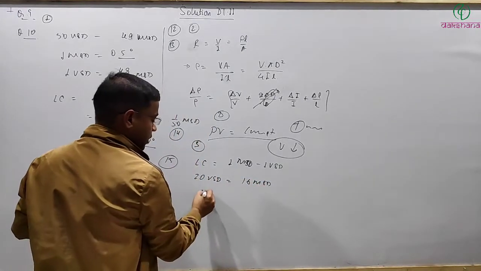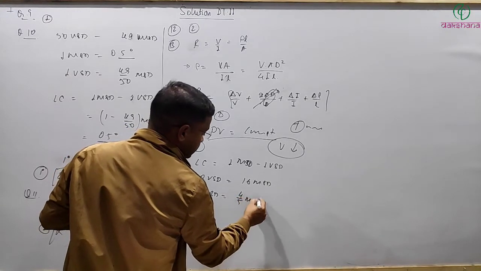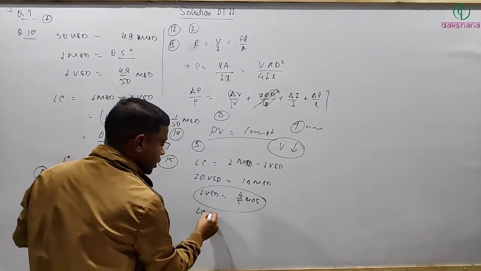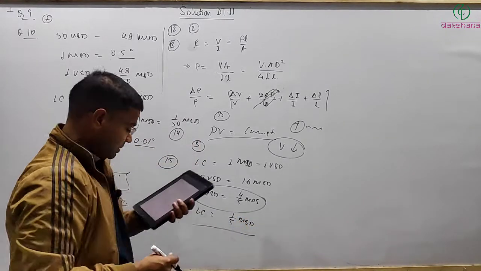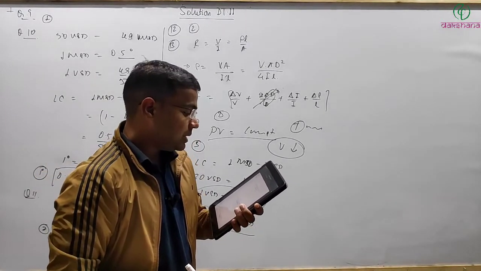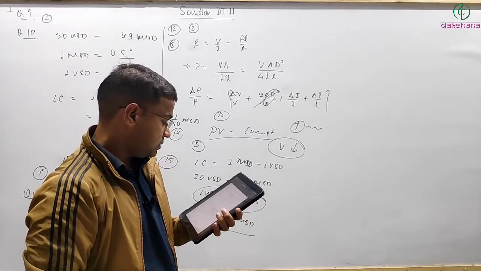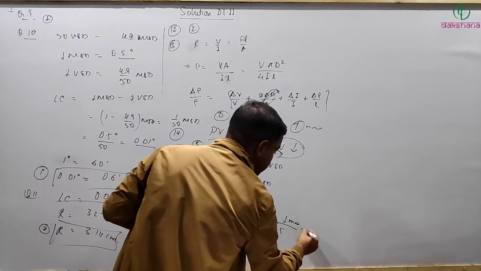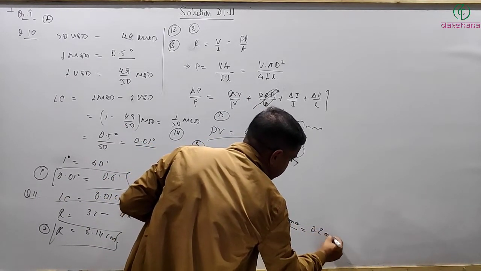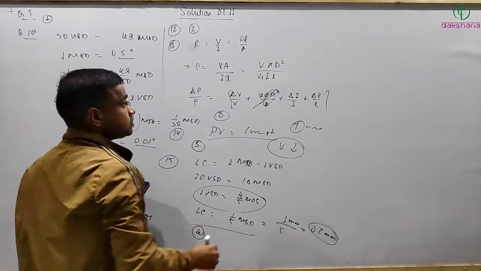So what does this mean? 1 VSD is equal to 4/5 MSD. So least count is equal to how much? 1/5 MSD. And one MSD is given: the vernier caliper has 1 mm mark on the main scale, so 1 MSD is equal to 1 mm. So this is equal to 1 mm divided by 5, that is equal to 0.2 mm. This is the least count which is matching with option number 4.